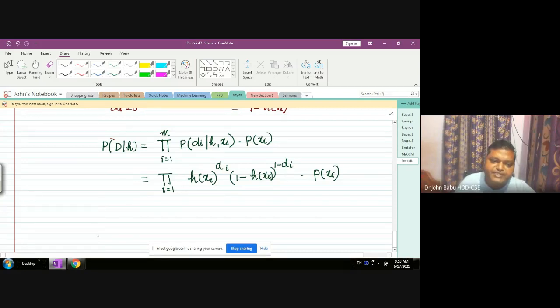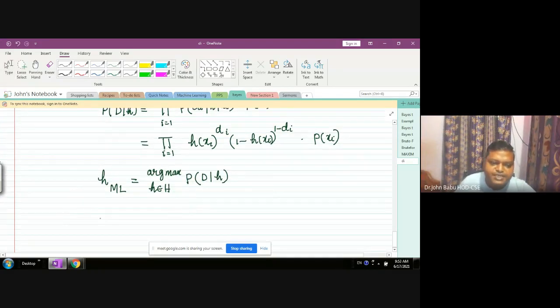And for maximum likelihood, what is the maximum likelihood? The probability of data given h which gives the maximum, the hypothesis which gives the maximum probability.